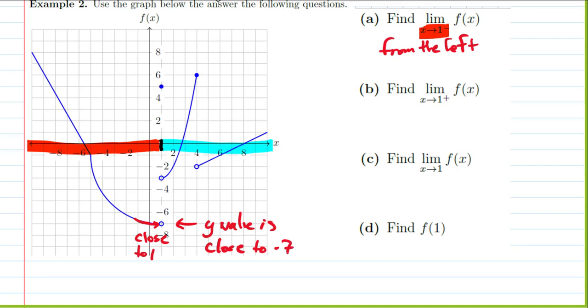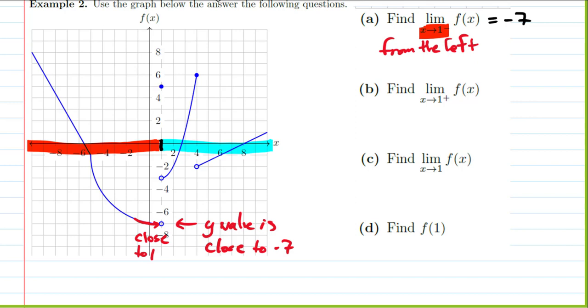So the limit, imagine you're riding along the graph, so you're moving along this curve right here. As the x value gets close to 1 from the left, what is our output or our y value getting close to? So as we slide down that graph, we get close to that open circle. Even though that open circle is not part of the graph, our value is close to -7. So we would say that our limit for this is going to be -7.